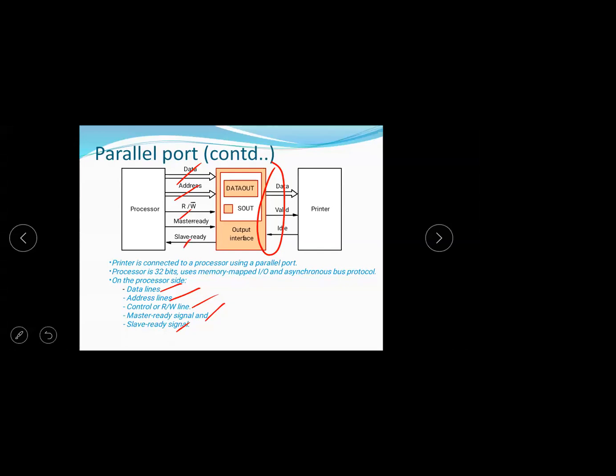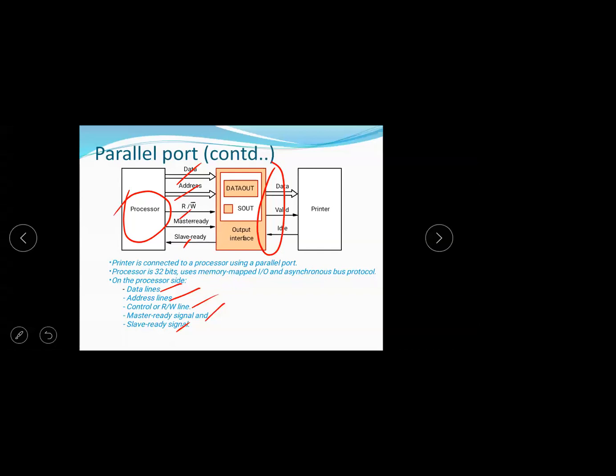One side of the interface consists of the bus lines connected to the processor, and the other side of the interface is known as the port. Okay, there are two types of ports: parallel port and serial port.